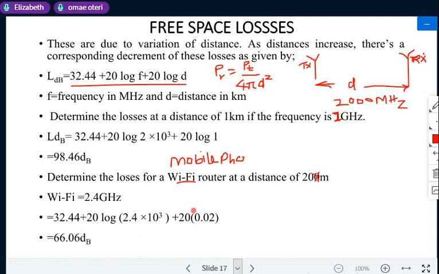Yeah, the one for 0.02 is the one which will give us 66.06. So put 20 meters here.